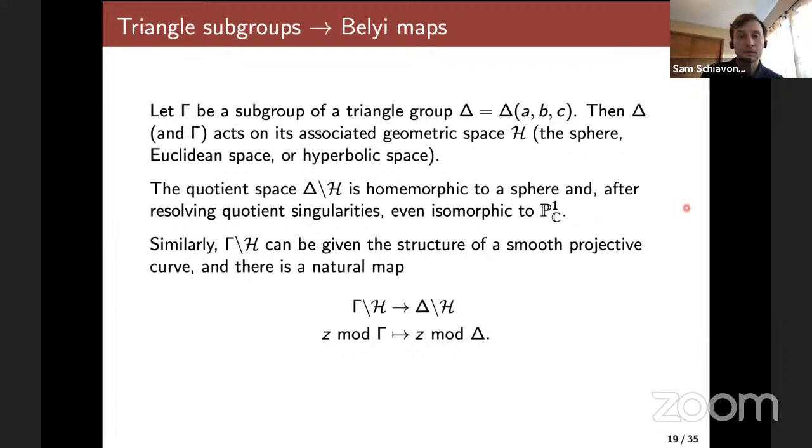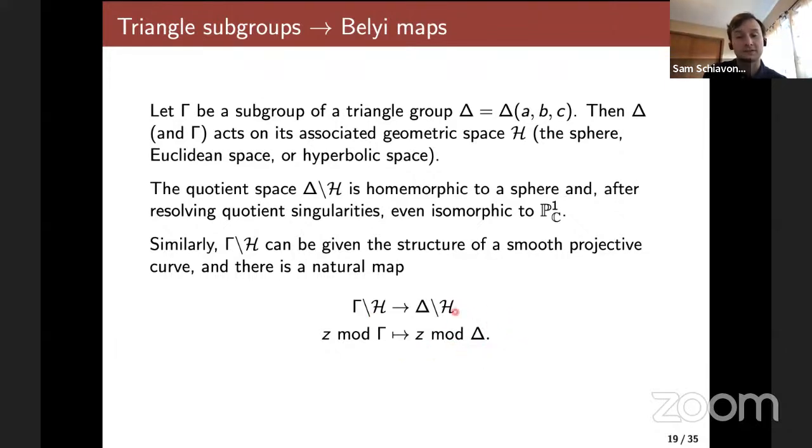which is then isomorphic to P^1 of C. So similarly, if you look at H mod gamma, this can also be given the structure of a smooth projective curve. And we have a natural map from H mod gamma to H mod delta that just takes an equivalence class modulo gamma to the corresponding equivalence class modulo delta. So, gamma is a subgroup of delta.